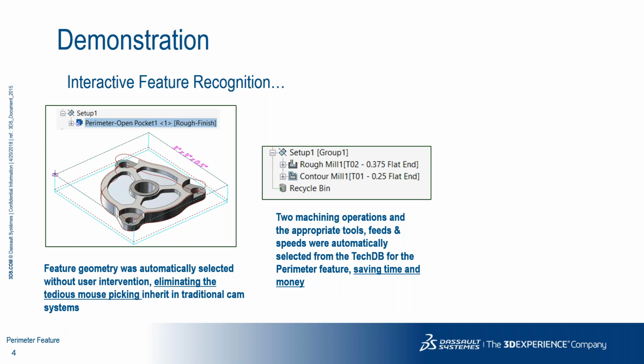I have always asked the system and taught the TechDB never to use high-speed machining unless I interrupt it and tell it to do so. So basically it worked great. In this particular case, I wanted to override it and use high-speed machining. So again, creating these operations from that single feature just saves time as well as money.